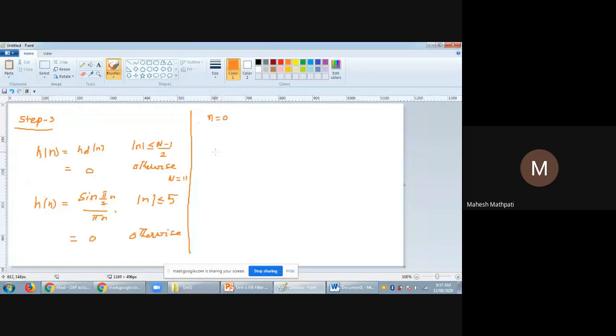h of 0 will be equal to, how do we write that? Limit n tends to 0 for sin pi by 2 n divided by pi n.